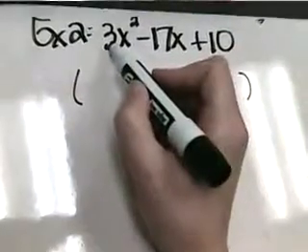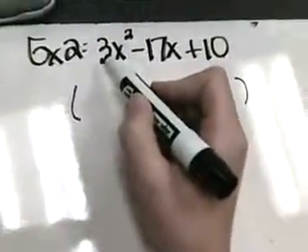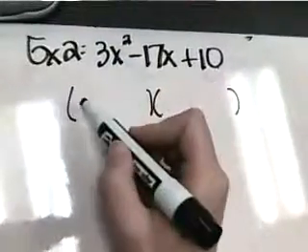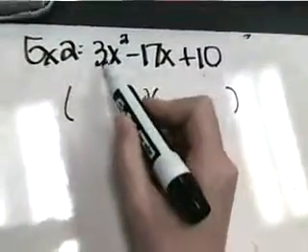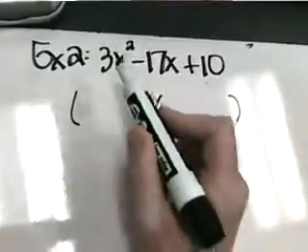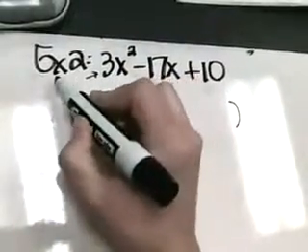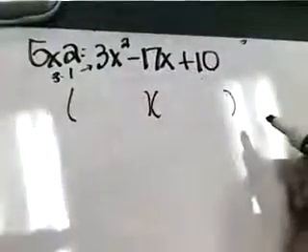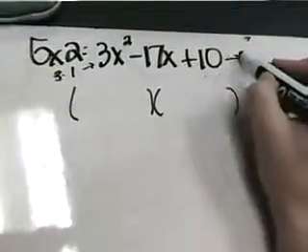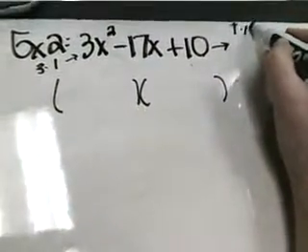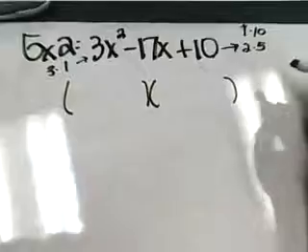Now I need to work a little harder out front here, because instead of just saying, oh, this is going to split to x and x, I have to deal with that 3 as well. So I know factors of 3 are 3 and 1. And factors of 10 are 1 and 10 and 2 and 5.